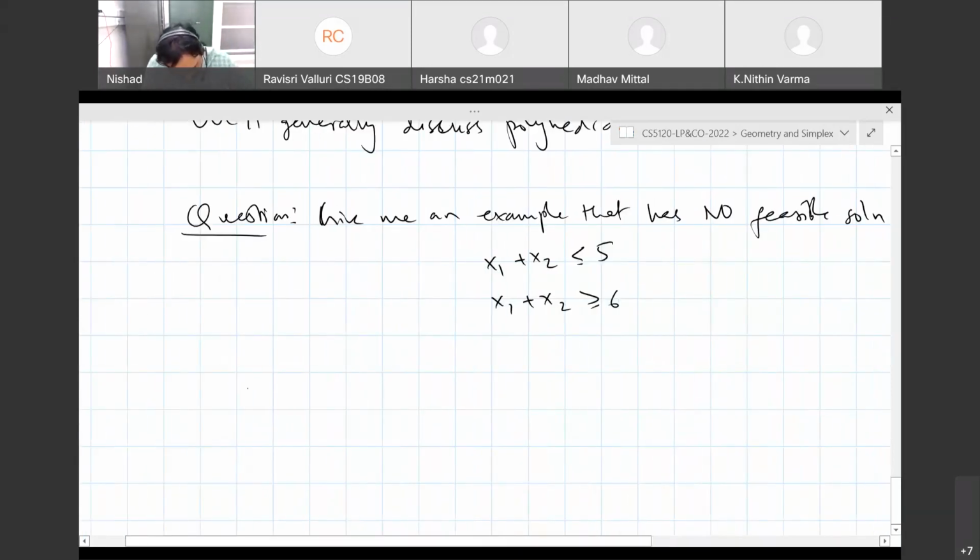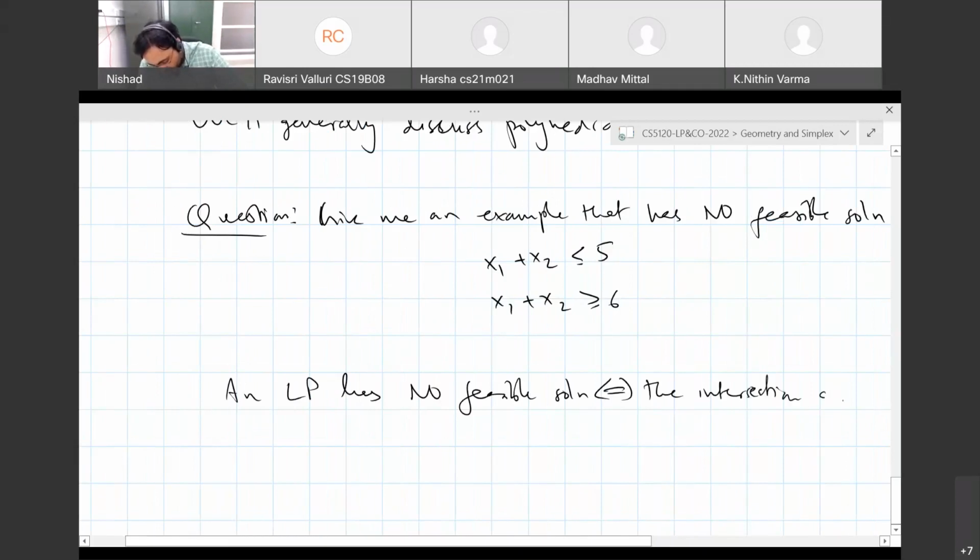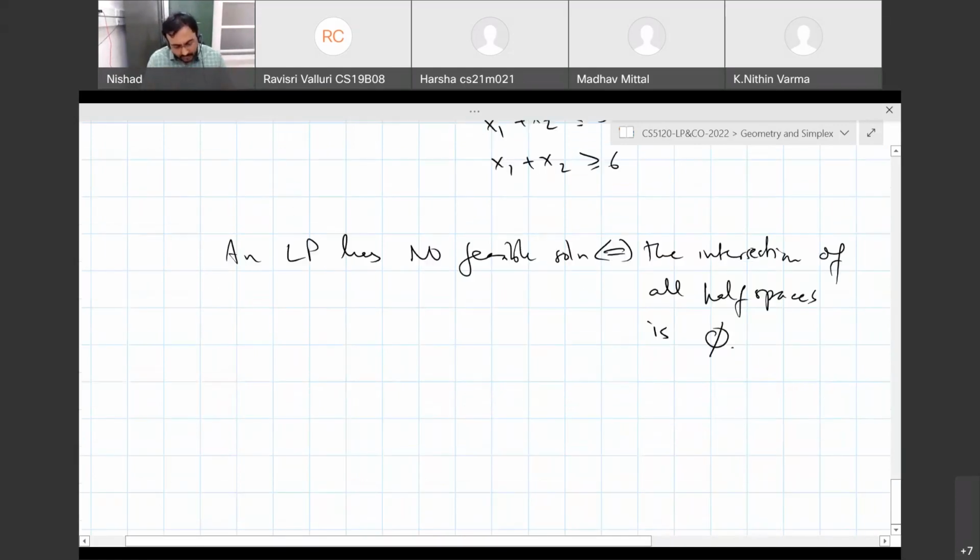So an LP has no feasible solution if and only if the intersection of all half spaces corresponding to those constraints is the empty set, right? And notice that the empty set, as per our definition, is always a polyhedron. The empty set is a polyhedron in any dimensions.